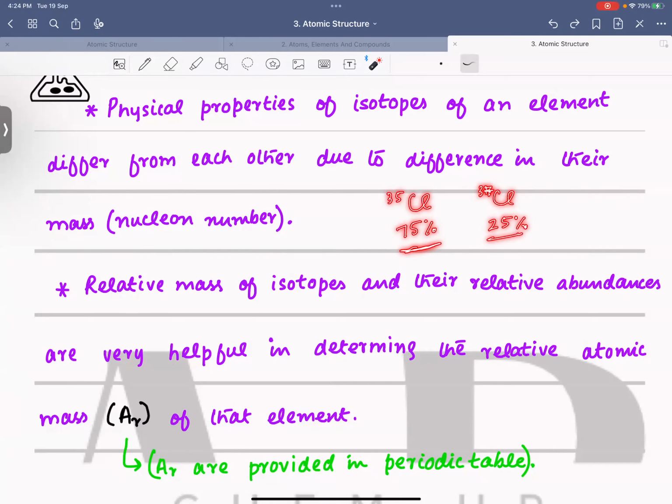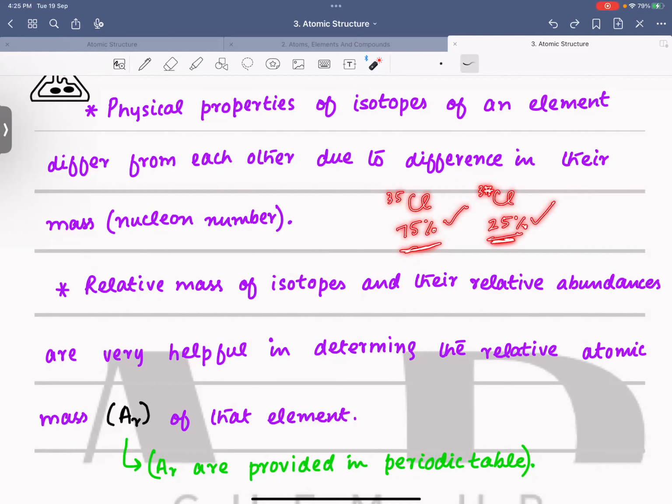Sir, but how did you get to know that one is 75% and another is 25%? Yes, there are experimental ways by which we can figure it out, and for your O levels, you don't need to know about those methods. If there is a question regarding this, the examiner will provide you the percentage abundance of each isotope.